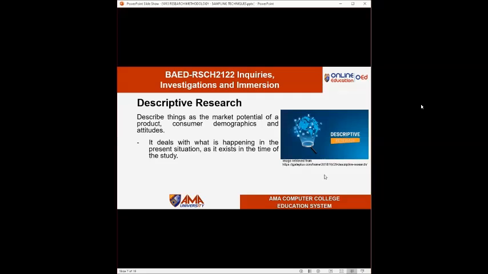Ang descriptive research, this is used to investigate different phenomenon and situations. Ang target nito is to answer questions like how the situation happened, when in terms of the time or date, where in terms of the place it happened, and what the issue or phenomenon is.